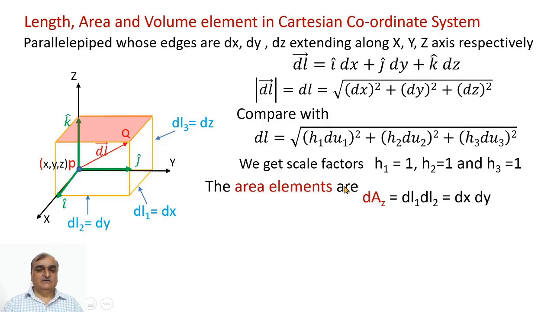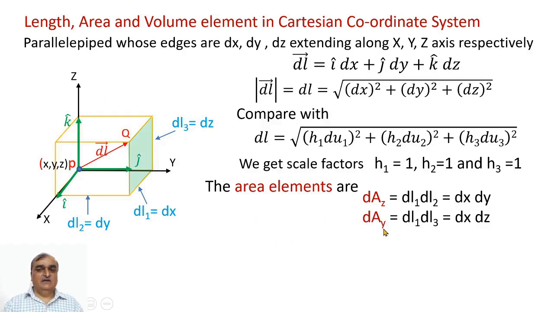Then the area elements. The first area element dAz is along z-axis. This area element is perpendicular to z-axis, dl1 into dl2. dl1 is dx, dl2 is dy. Therefore, dAz is equal to dx dy. In vectorial form, we have to multiply it by k cap, because k cap is normal to this area.